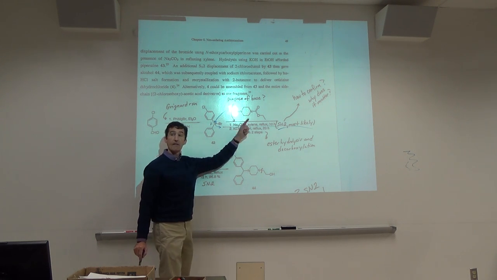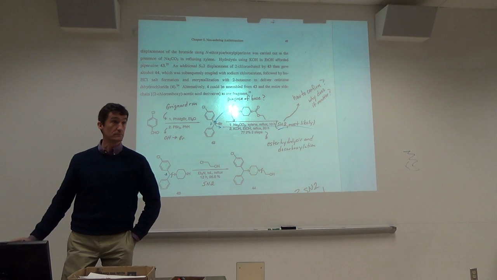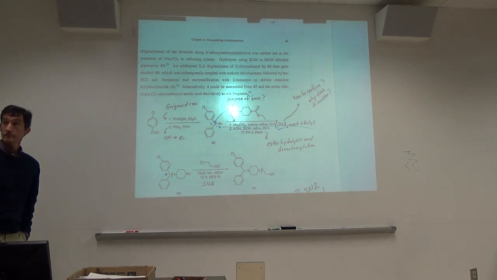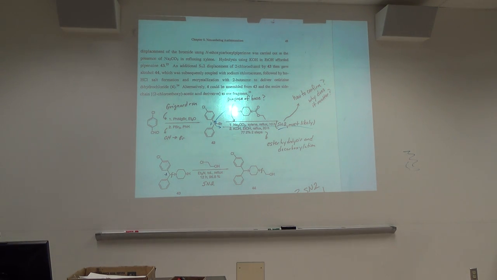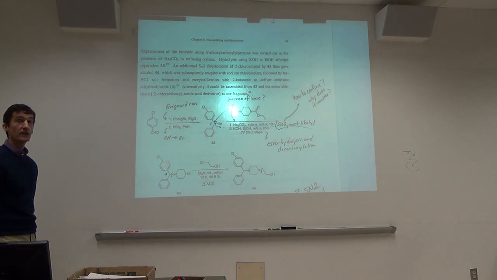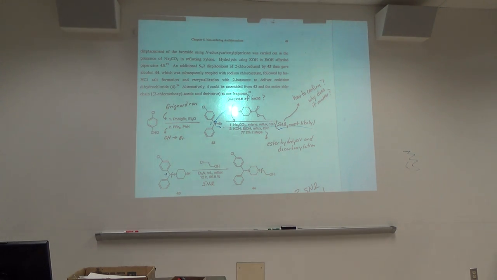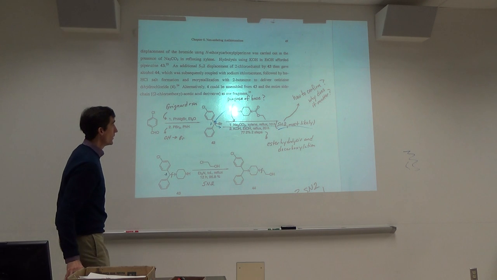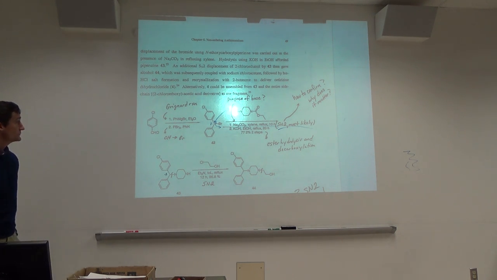That means it's SN1. So you can determine it by doing a kinetic study, changing the concentration of reactants, seeing if they affect the rate. You've got to know your reaction rate equation.